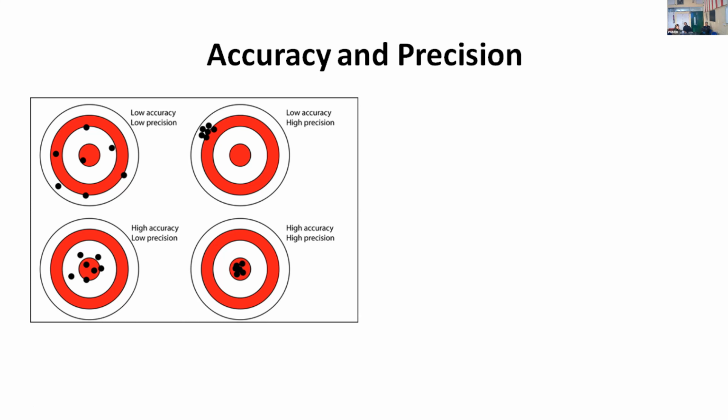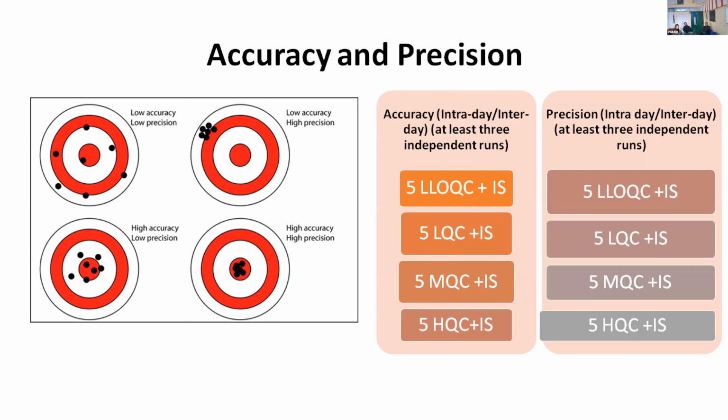So, what is the acceptance criteria? How do we decide how much accuracy is permitted, and how much precision is permitted? We have to run these quality control samples for 3 consecutive days and in different independent runs.